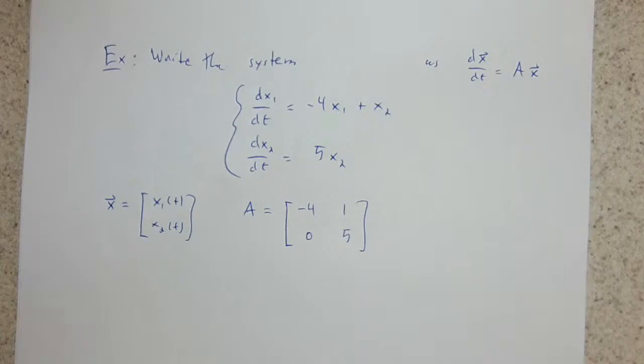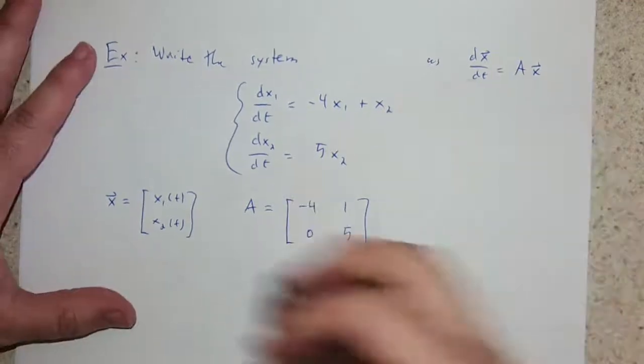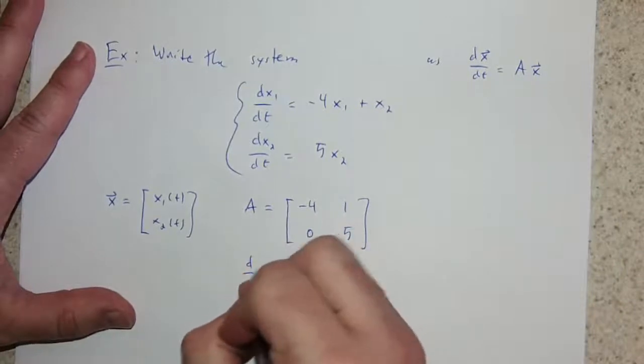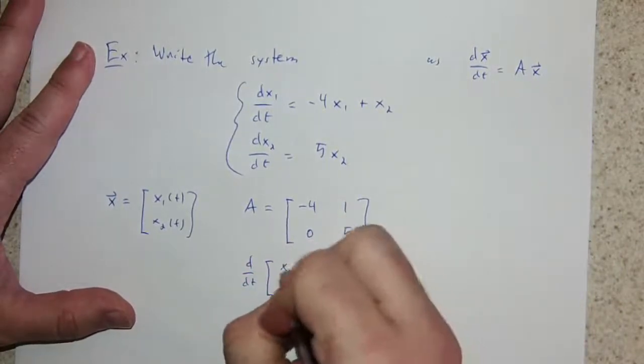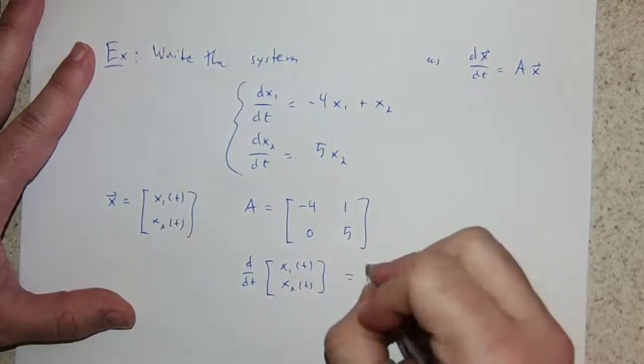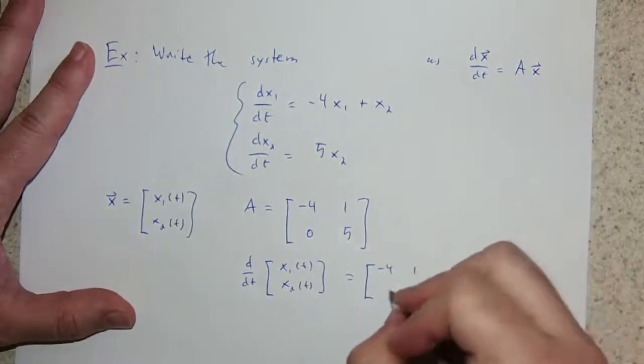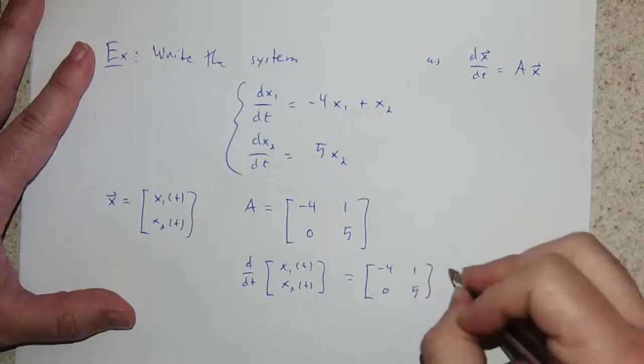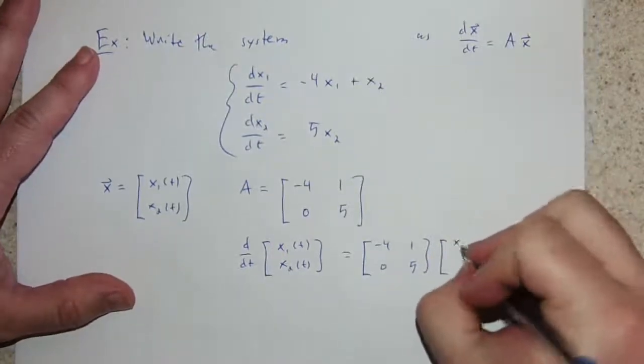And you can just check if that is the case. Then indeed this is d/dt of x1, x2 is equal to A, which is minus 4, 1, 0, 5, times the vector x1, x2.